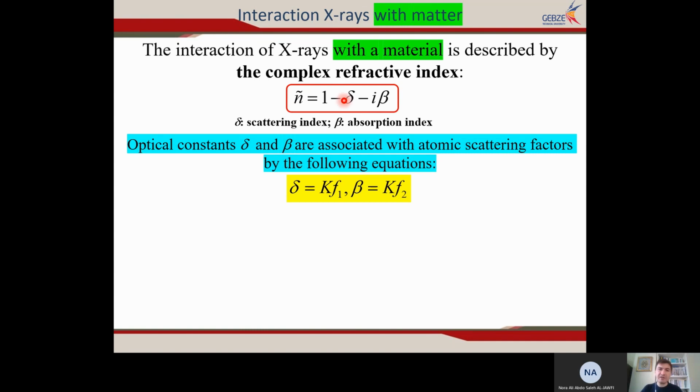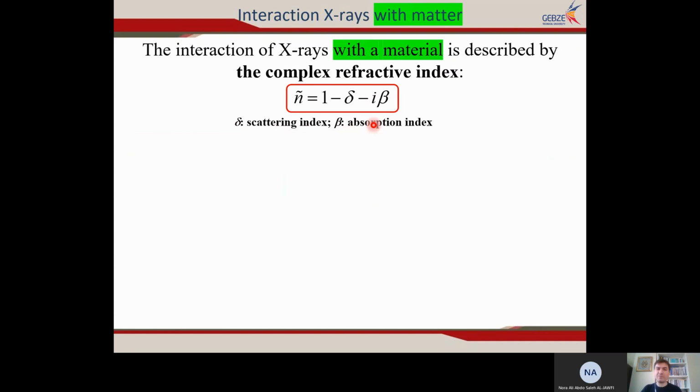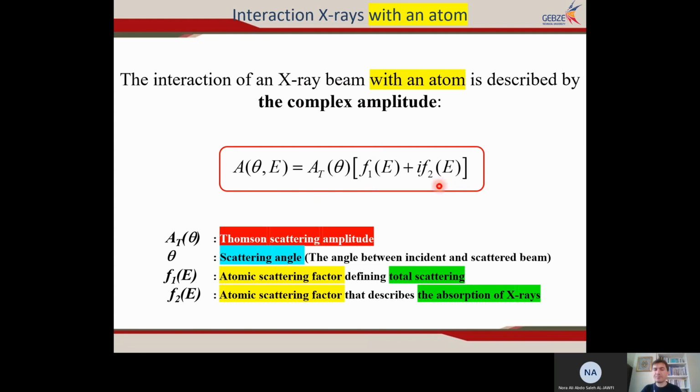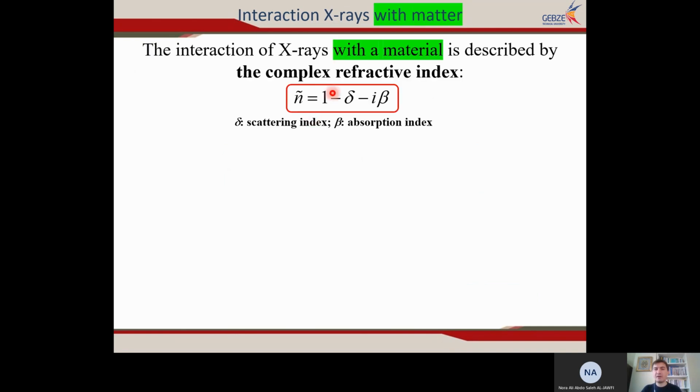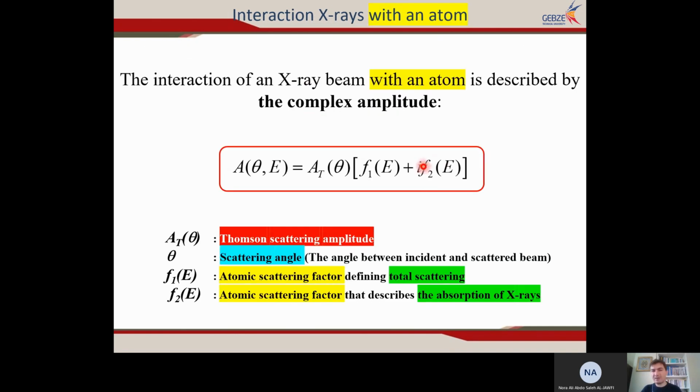So here we have delta and beta, which are used to define scattering and absorption. Okay, here we have F1 and F2, which are used to define scattering and absorption respectively, right? So there must be a relation between F1 and delta, and between F2 and beta.